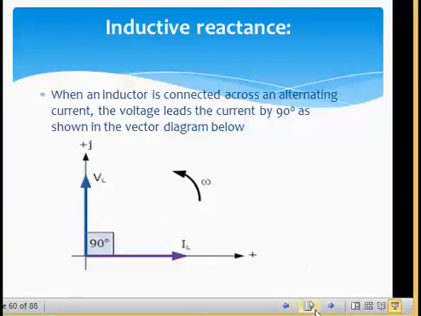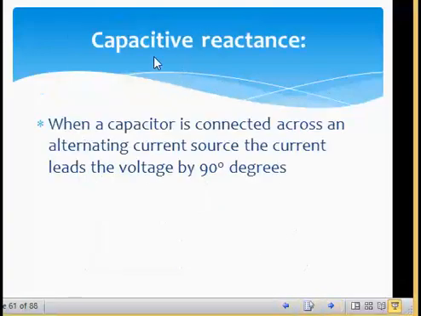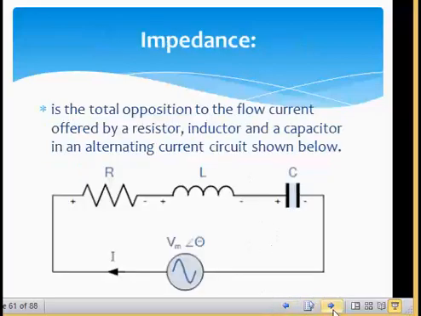We now look at the next reactance, which is capacitive reactance. Capacitive reactance is provided by a capacitor. When a capacitor is connected across an alternating current source, the current leads the voltage by 90 degrees. So this time around the current is ahead of the voltage by 90 degrees.